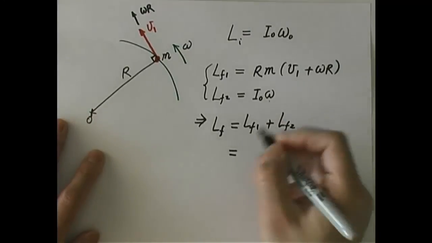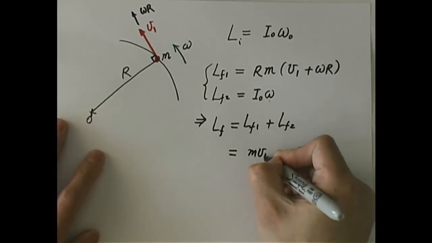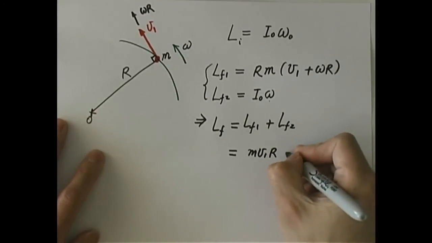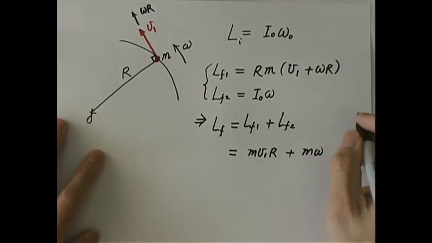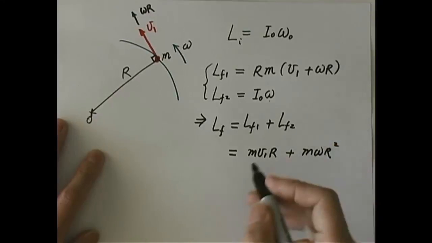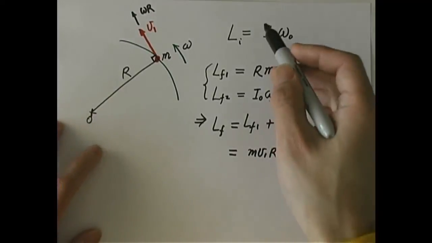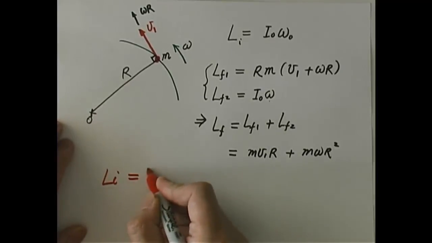Add them together. Okay, so you have m v1 r plus m omega r squared, and that should be equal to L initial. Okay, so let's equate L initial with L final.